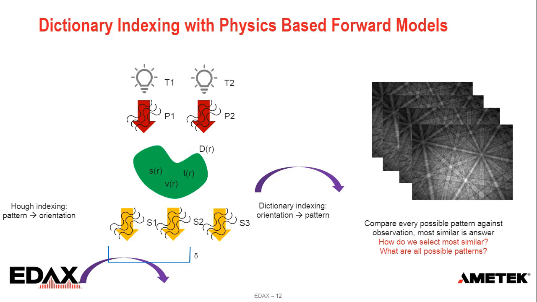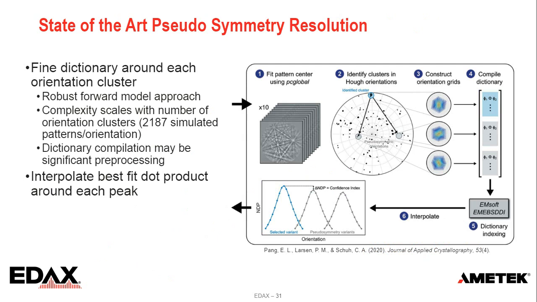The advantage of the particle swarm is that it is more efficient, basically. So if you look at this slide, I think they do a 9 by 9 by 9 dictionary around each of the 3 variants, which gives you 2187 patterns for each orientation cluster that they have.